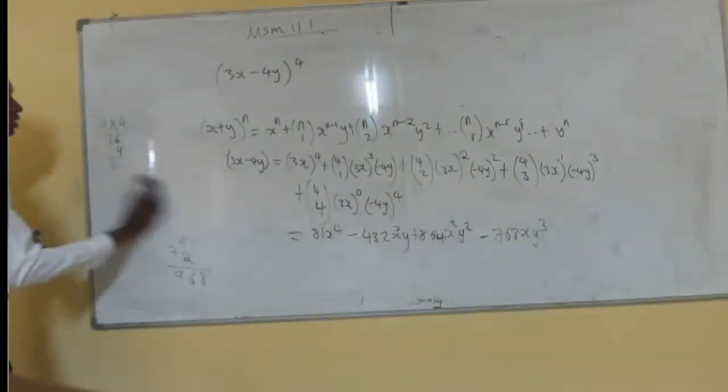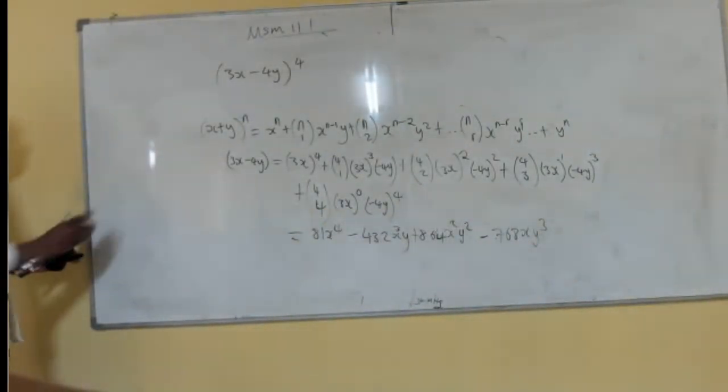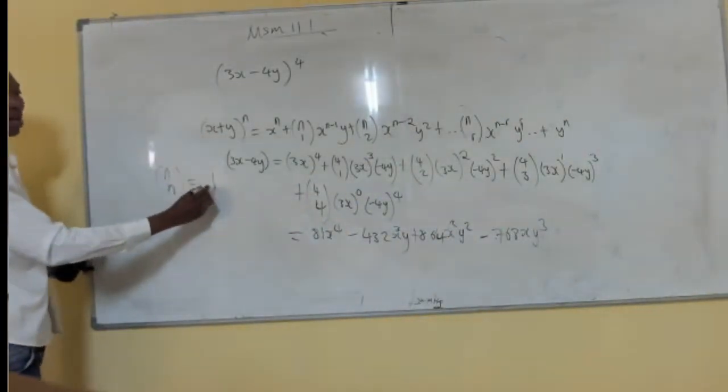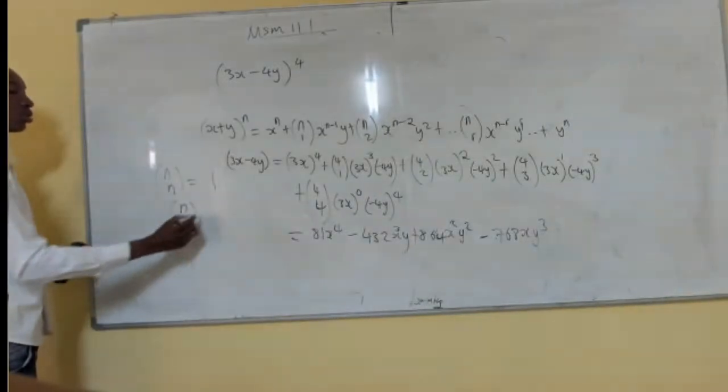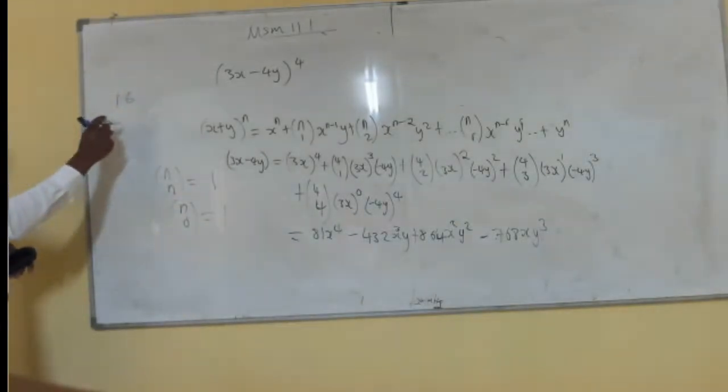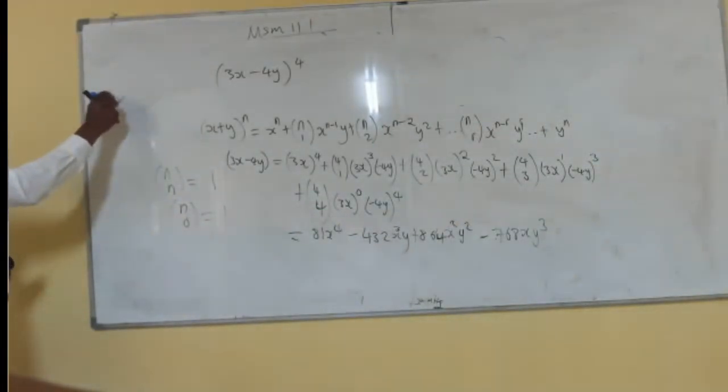Now, what you should know is that n choose n will always be 1 and n choose 0 will always be 1. So in short here, we're just looking for 4 to the power 4, which is the same as saying 16 by 16, because remember I have 4 fours.